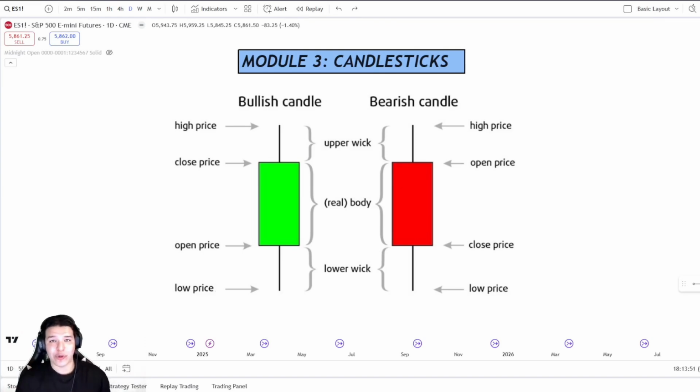On the daily time frame, each candlestick represents a full day's worth of price action. On the 5-minute, each candlestick showcases 5 minutes worth of price action. On the 15-minute, 15 minutes worth, and so on. Okay, that is the principle.